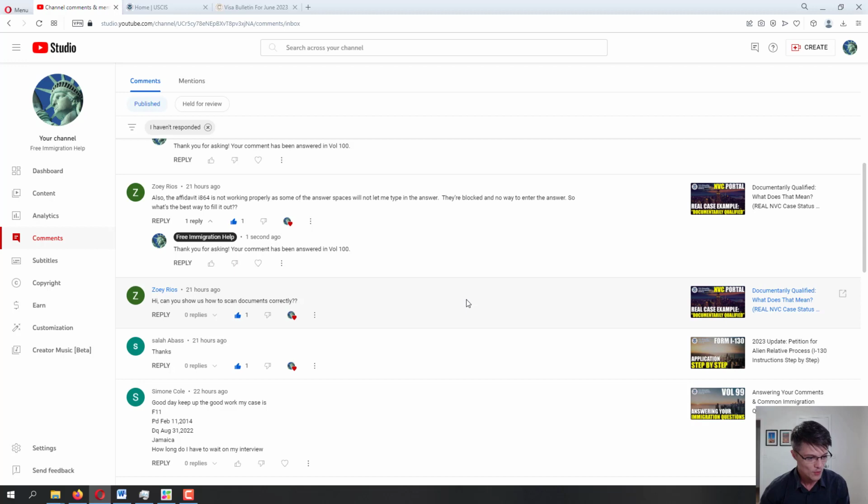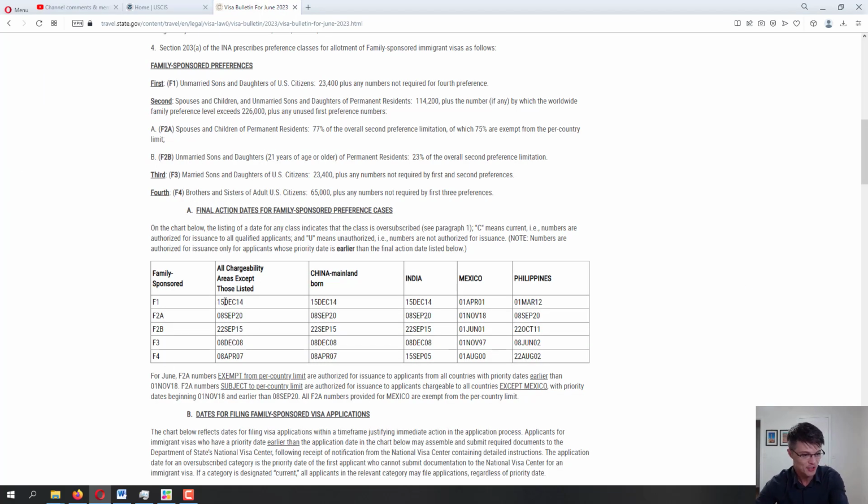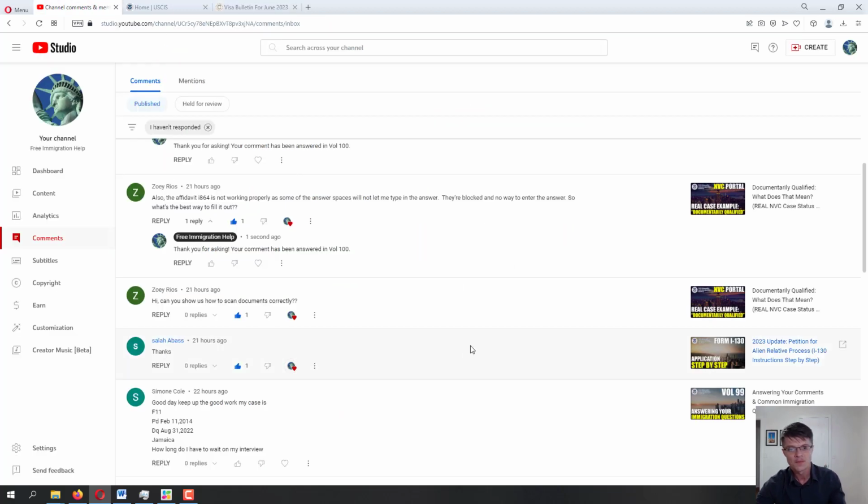Some of the documents that we submitted were not good enough, and it delayed the processing by about 6 months. So things happen. Our personal cases can differ from everybody else's, because this chart is basically the average of everybody who's waiting right now and whose priority date is becoming current with their immigrant visas. So if you had some kind of delay along the way, that might be the case.